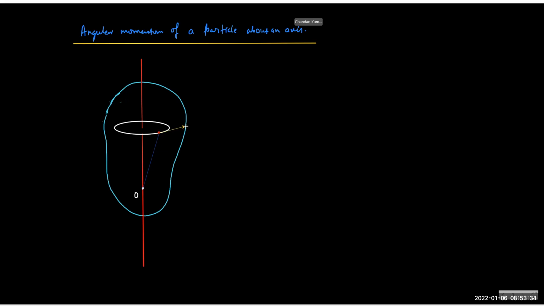Is it tangential to the circle? Yeah. So now what matters is the velocity component which is tangential to the circle. In a way, the velocity must be in a plane which is perpendicular to the axis. You may have a velocity component which is parallel to the axis, but that will never contribute to the angular momentum. That we'll see very soon. So let's say the particle is having velocity v and this is the r, and therefore I can extend this r vector notion.